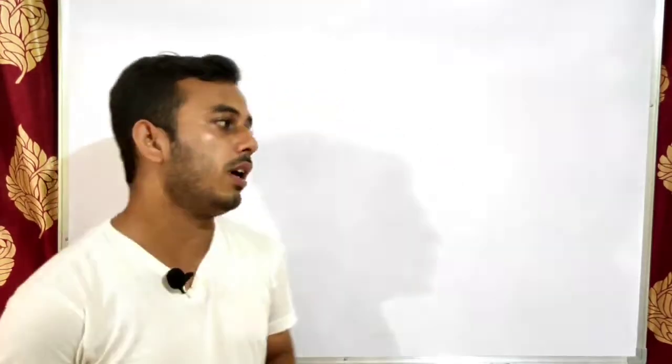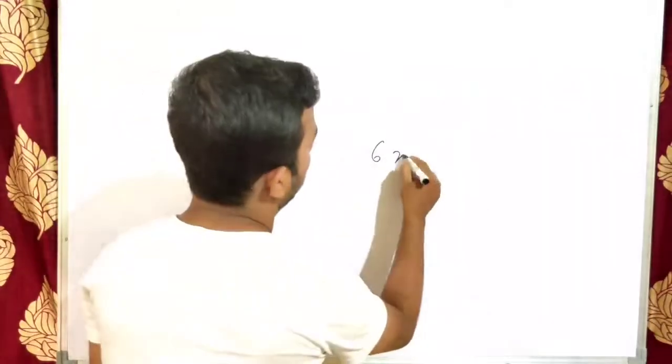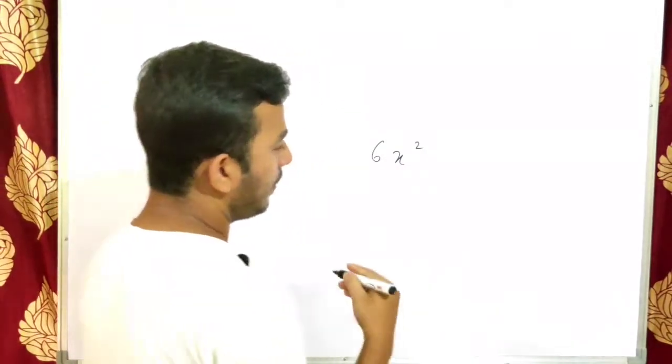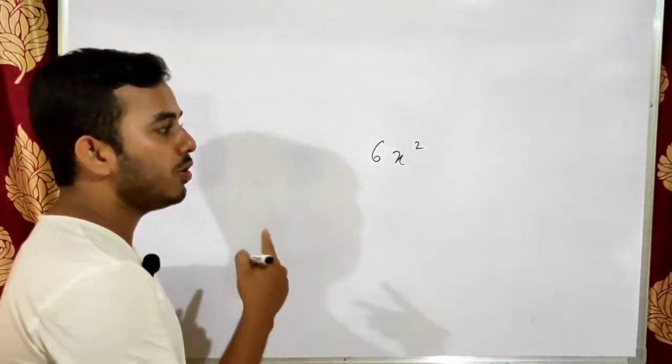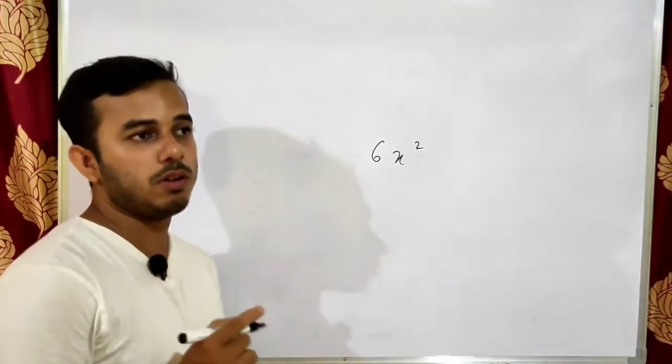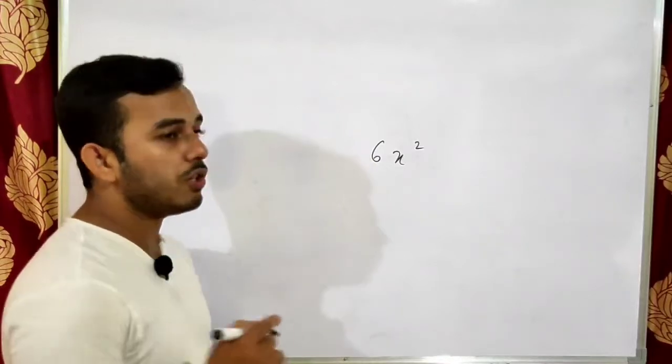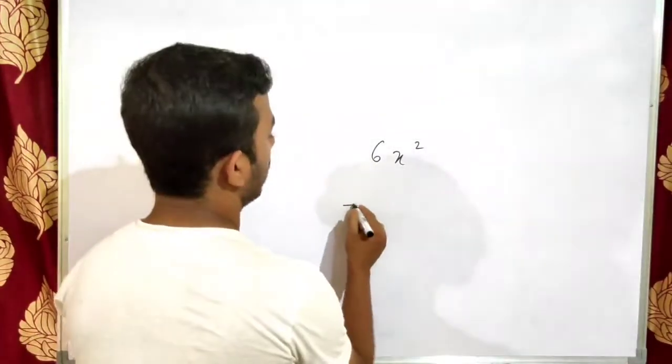We also came to know about coefficients. Let's discuss a bit. For example, 6x square, this is a monomial term. If I ask what is the numeral coefficient of x square, numeral means number, it will be 6.